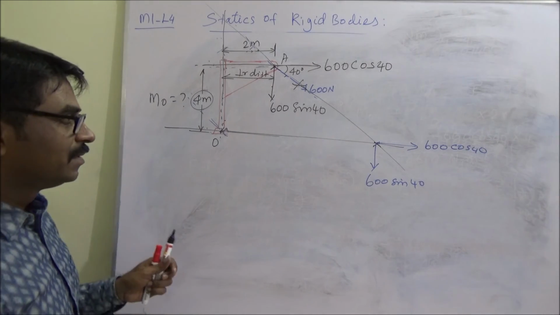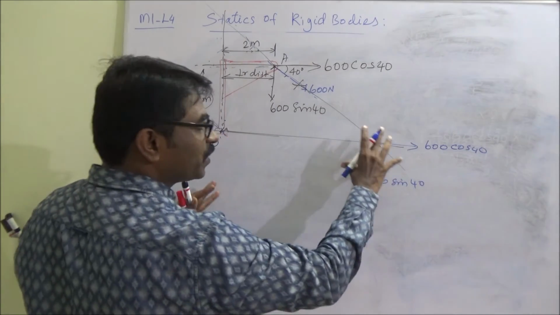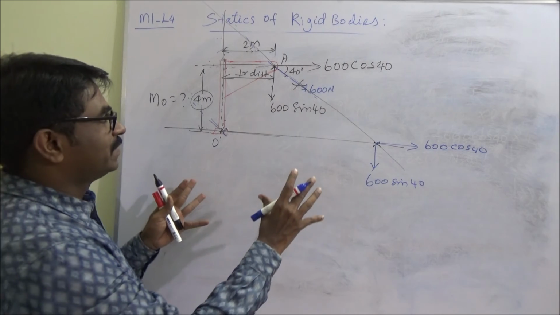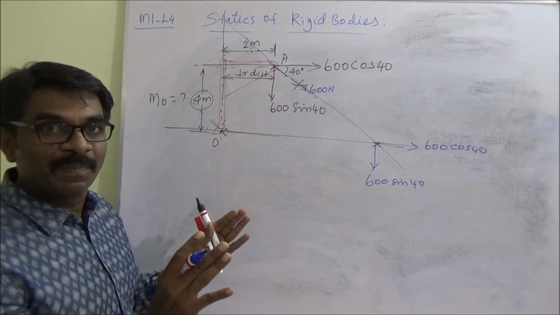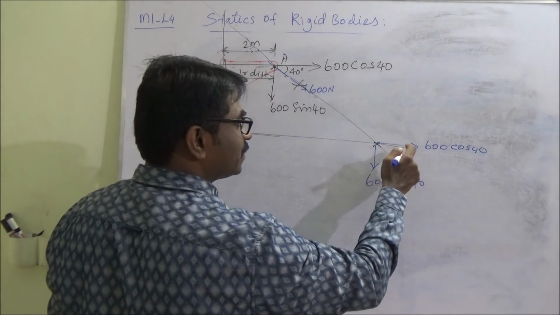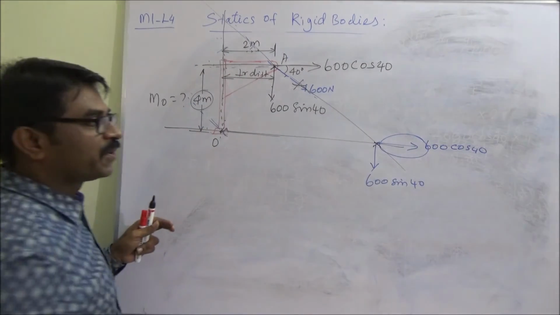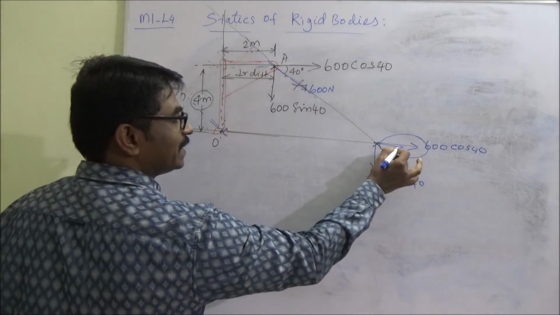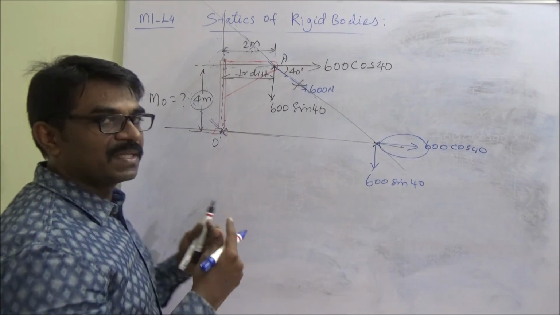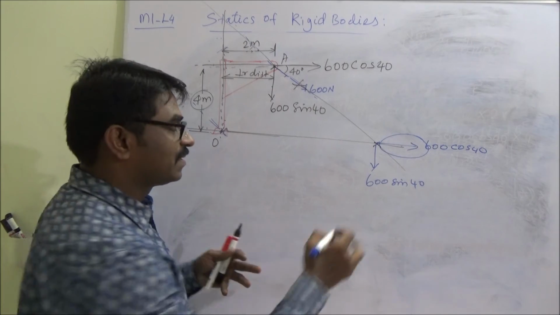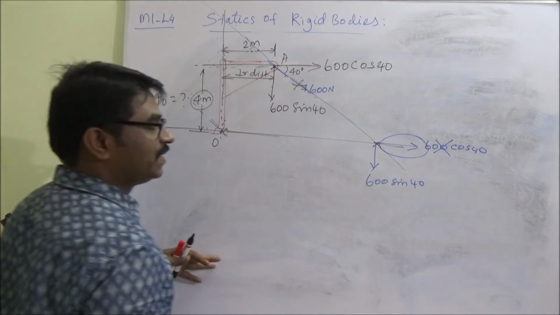Now, if you are moving here also, the effect will not change. Momentarily you forget about the point of application. So this will not produce a moment because this force is passing through O, which is not having perpendicular distance. So you can leave this.